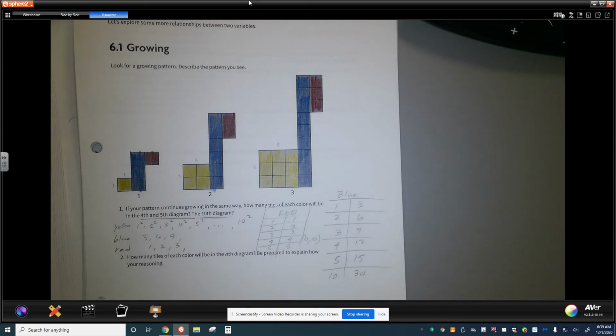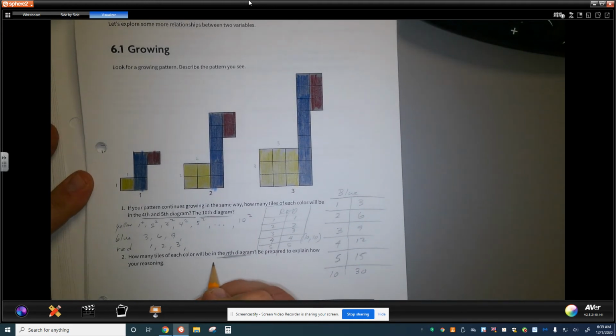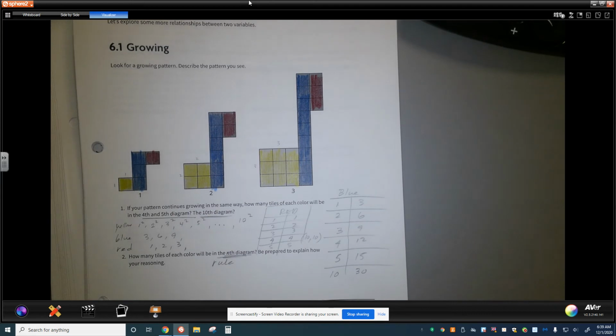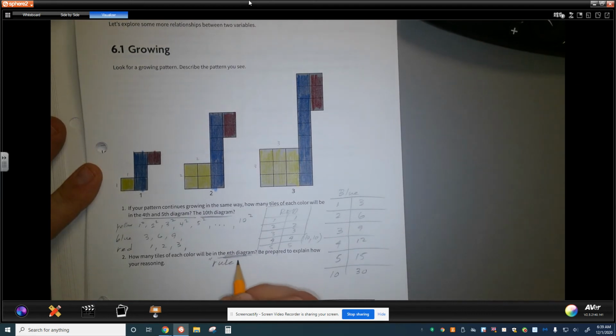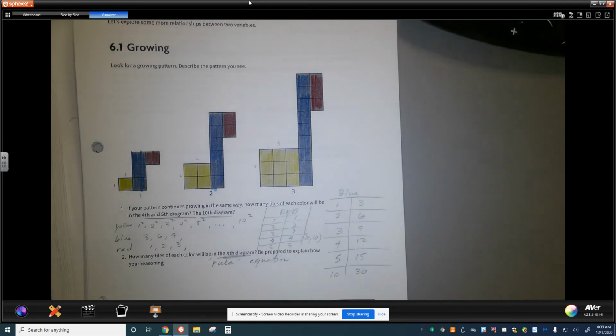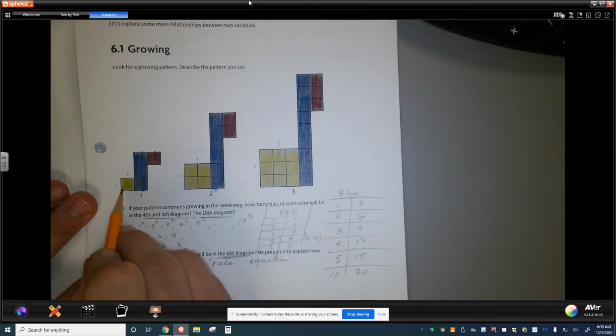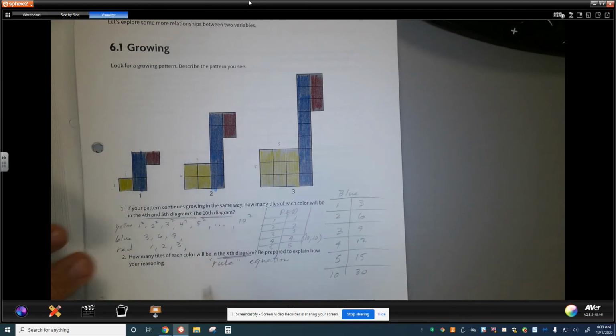When we're talking about how many tiles of each color will be in the nth diagram, what we're after is writing a rule or an equation that can describe how that tile is changing. In this equation, for the very first one, we're seeing that the rule is that the side length is being squared.